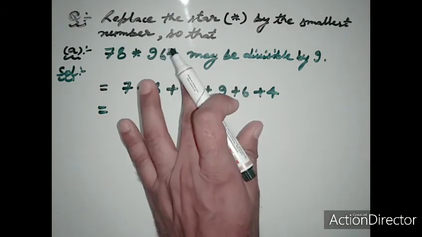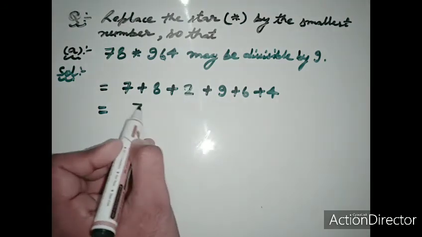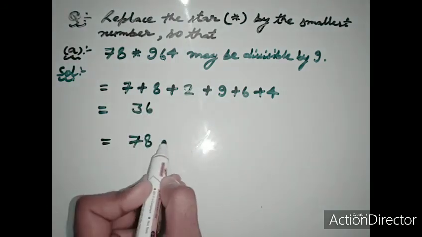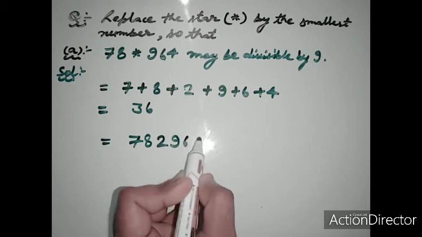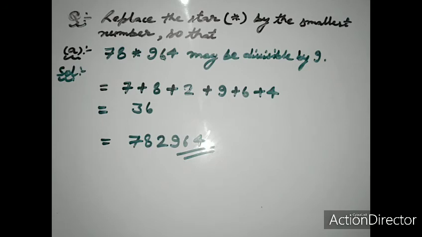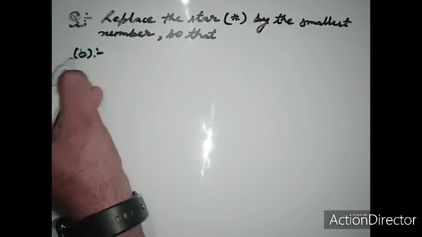So in the place of this star we write 2, and after that we get the sum 36. So if we write 2 in the place of this star, this whole number is divisible by 9. Now we take the next example, the B part of this question.